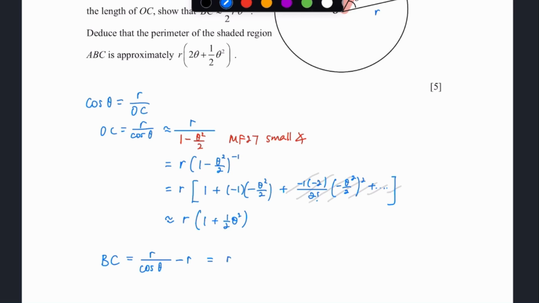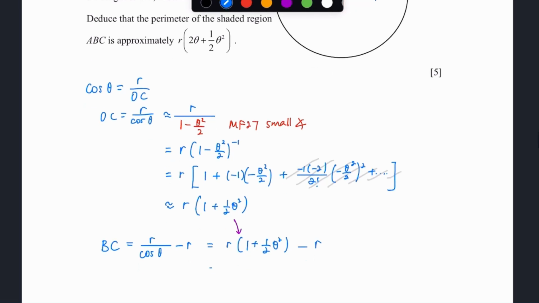So this one is r(1 plus half theta square), from above, minus away r. So this will be just half r theta square. So this is BC.